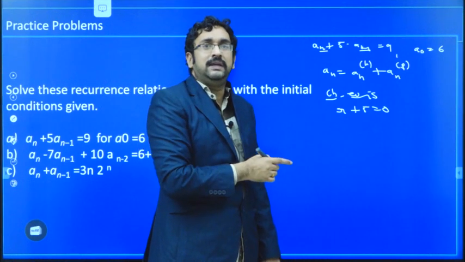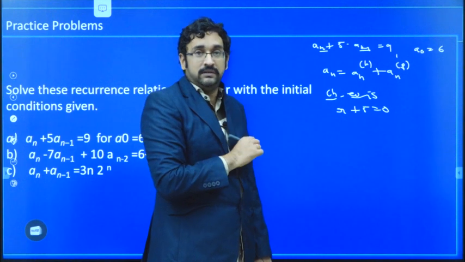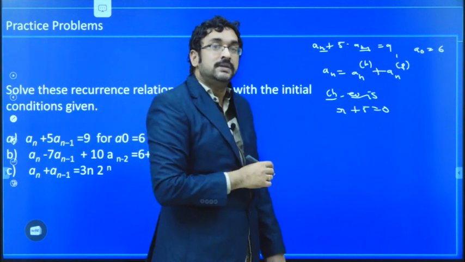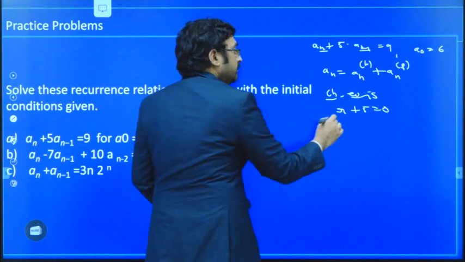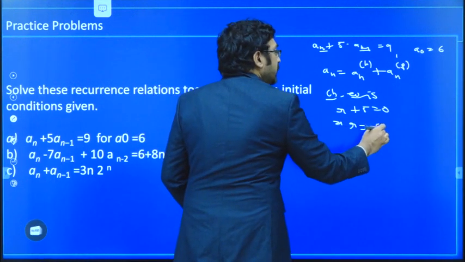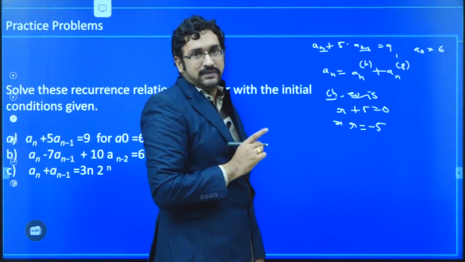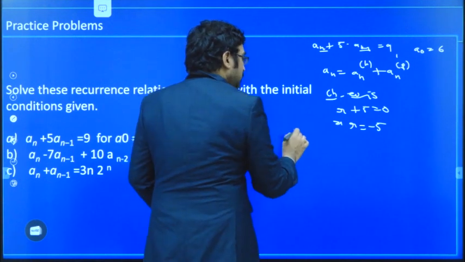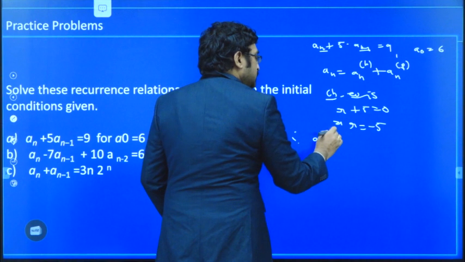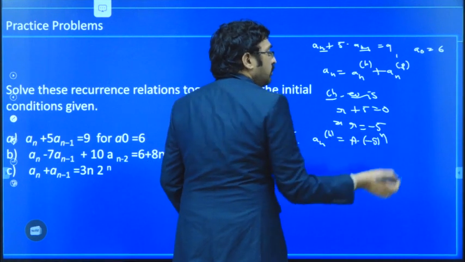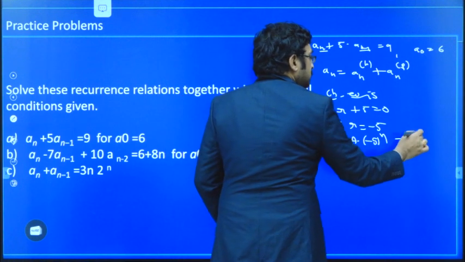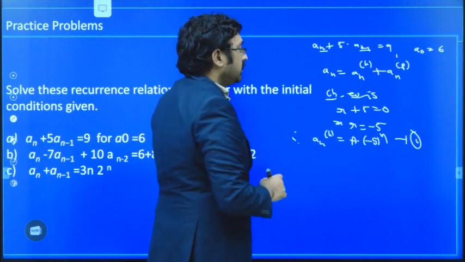That's why the given equation is of order 1, and the power will be 1. So the characteristic equation is r plus 5 equal to 0. That implies r equal minus 5. We are having only one solution. Therefore, the general solution will be an power h equal to some constant a into minus 5 whole power n. Assume it as equation number 1.